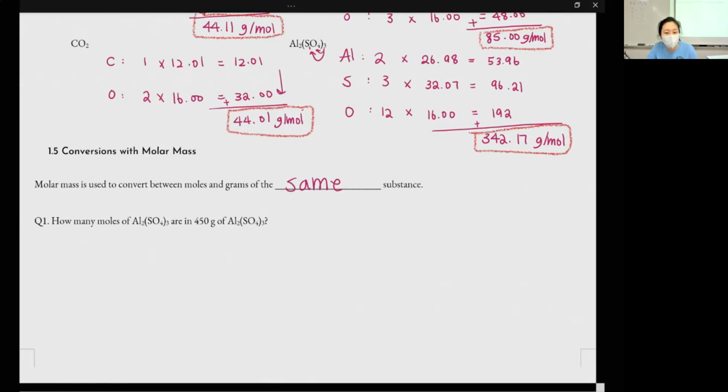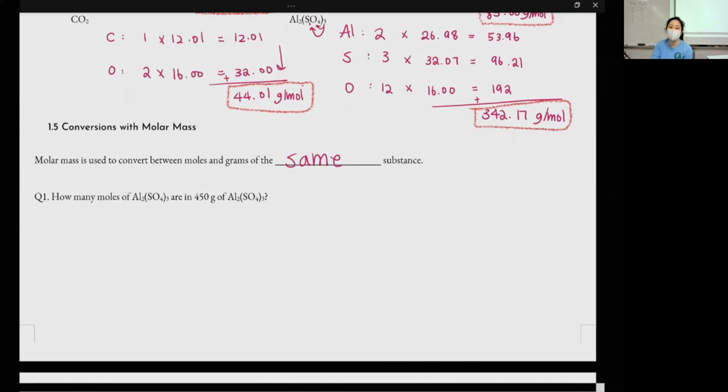If you have a different substance, then you will have to convert the grams to moles, and then use the mole ratio to have the same given and looking-for substance. I can talk about it later when we get to it.